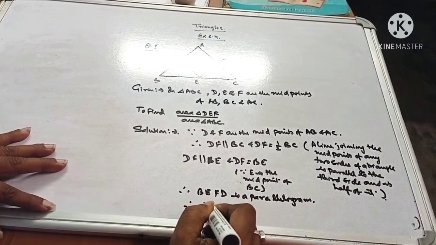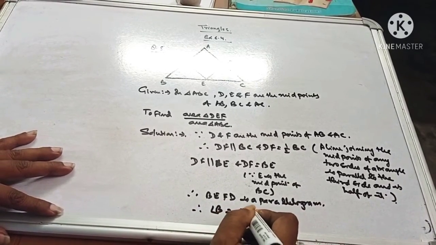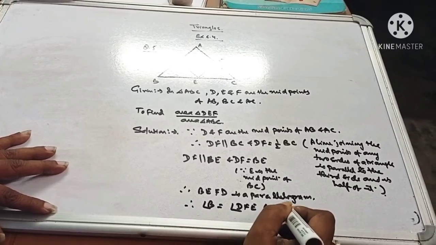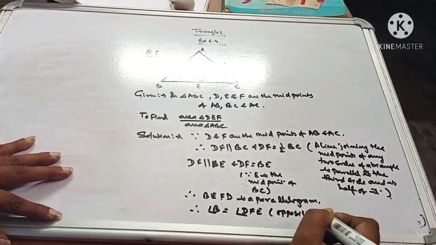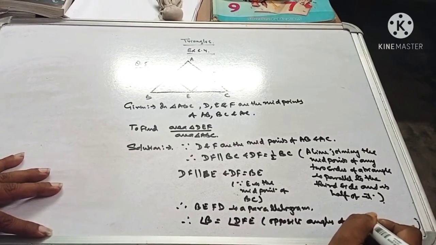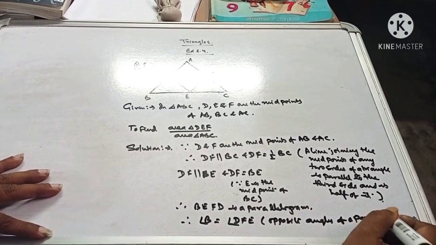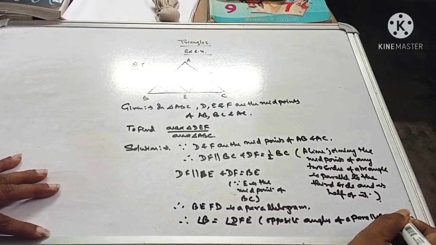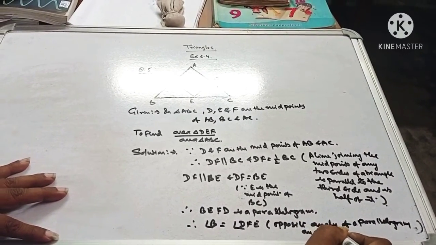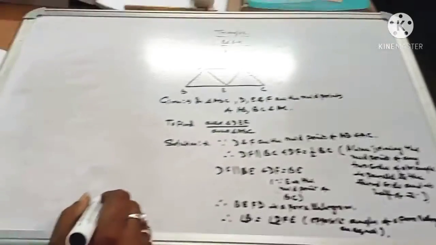Therefore angle B is equal to angle DFE, because opposite angles of a parallelogram are equal.